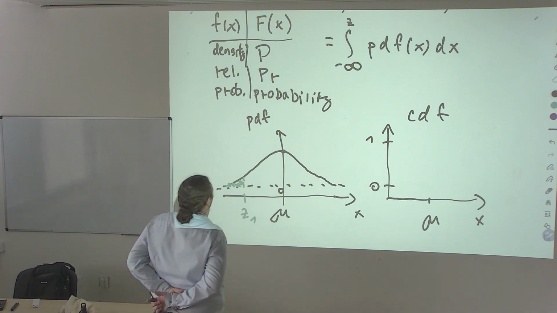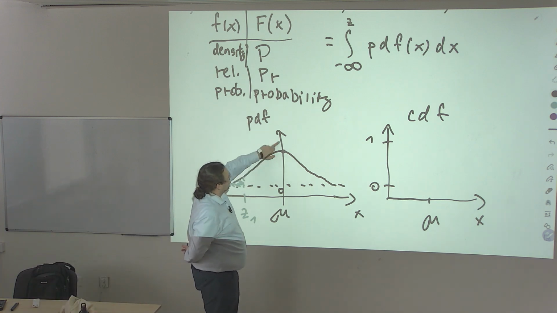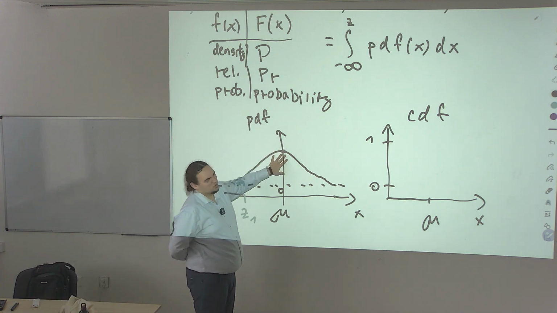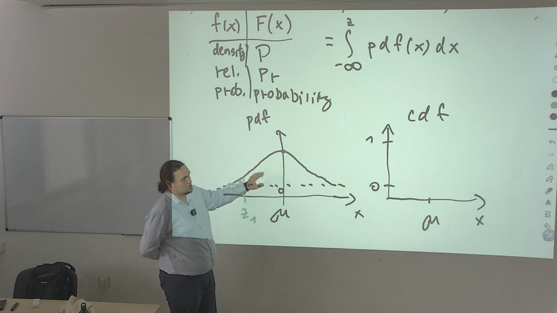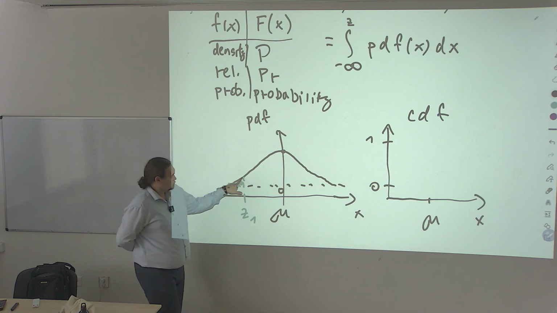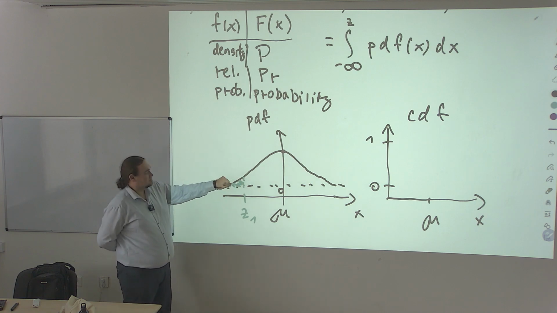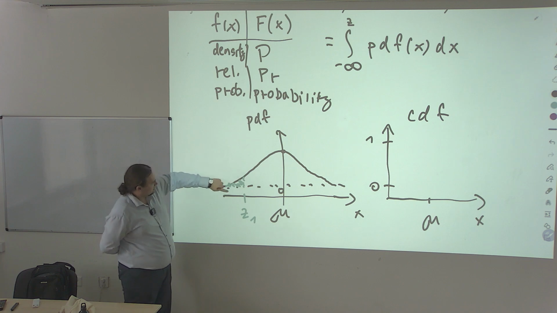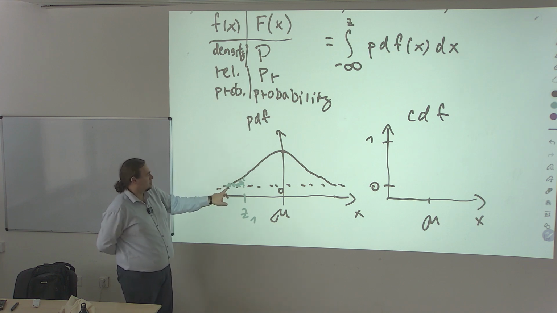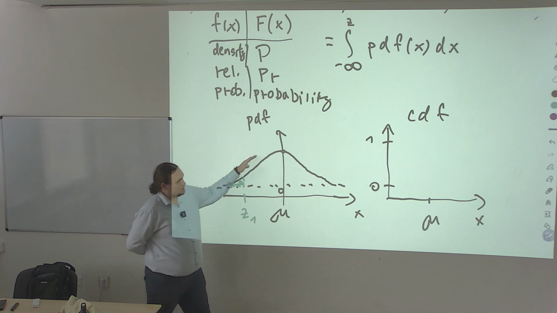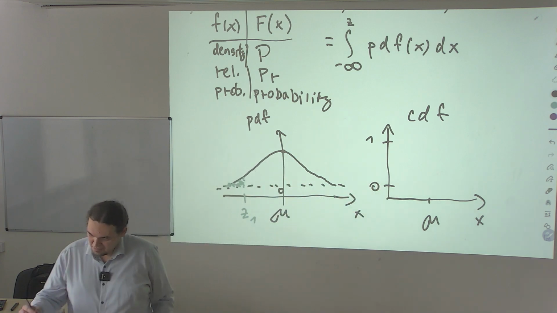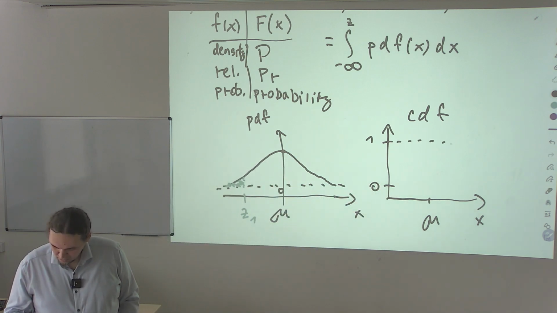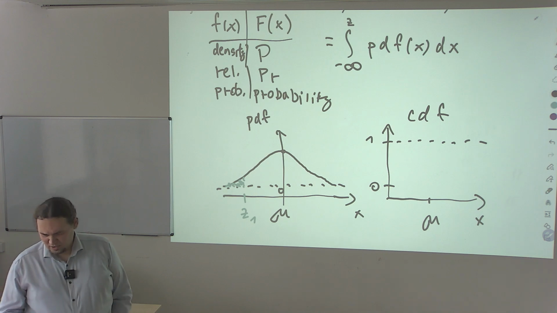We are not dealing with the numbers here. We actually do not care how tall this point is in reality. We care about how much the integral under the curve will be. If we integrate the whole curve from -infinity to infinity, we should get 1.